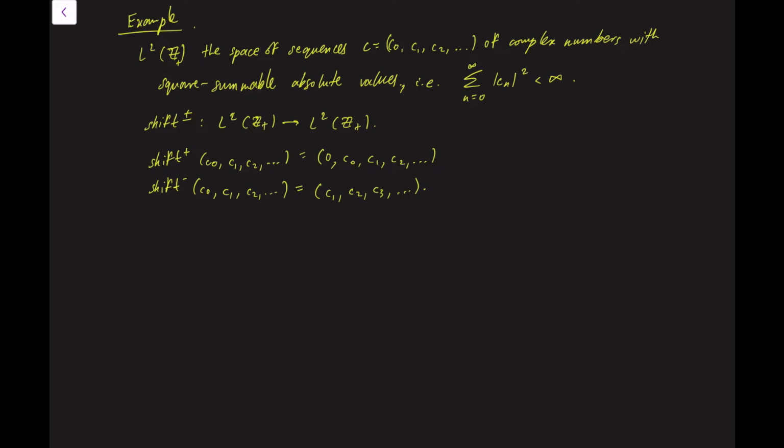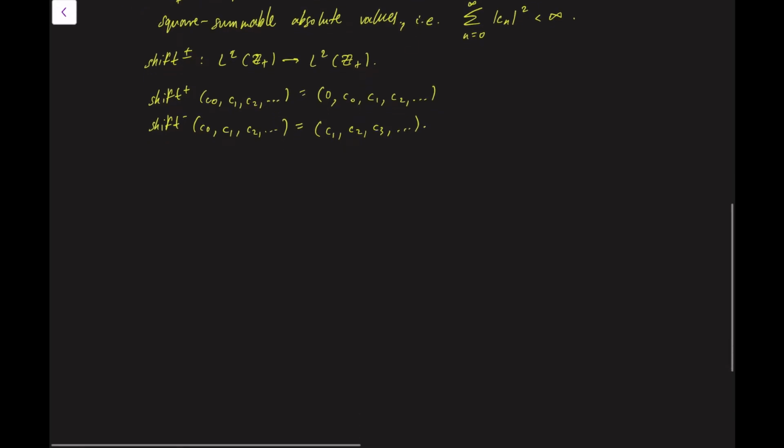So we can check that these operators are Fredholm. It's quite simple. Let's look at the shift plus operator case. So the kernel of the shift plus operator, we notice that the set of all points that map to the 0 sequence, 0, 0, 0, and so on, is only the 0 point.